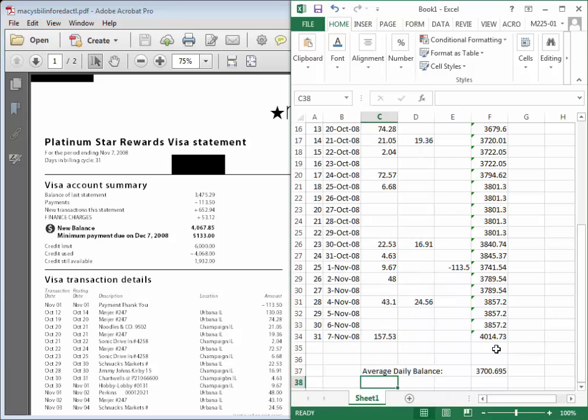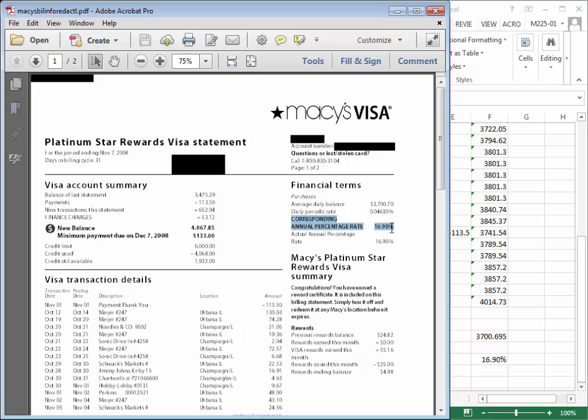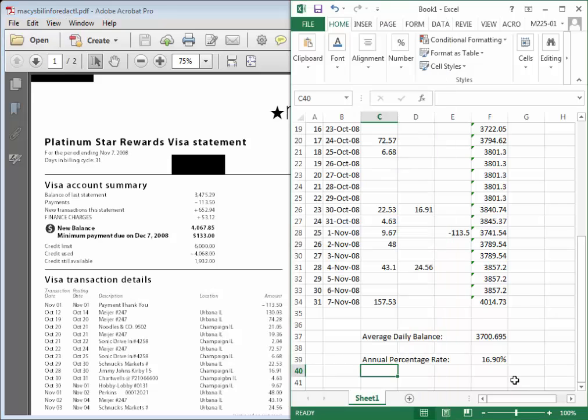Now the way I compute the finance charge is to take the annual percentage rate, which is given as 16.90%. It's right here. And divide that by the number of days in the year.